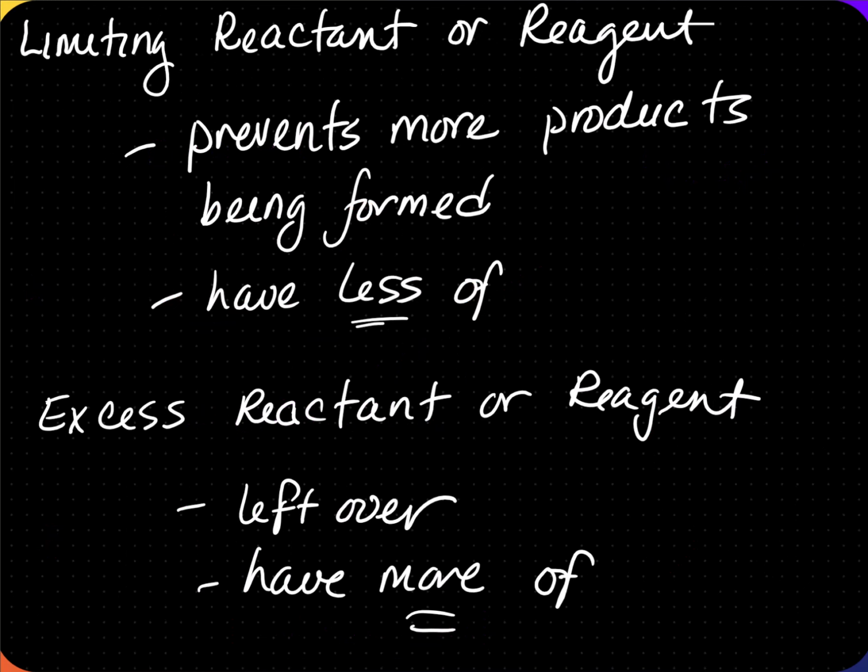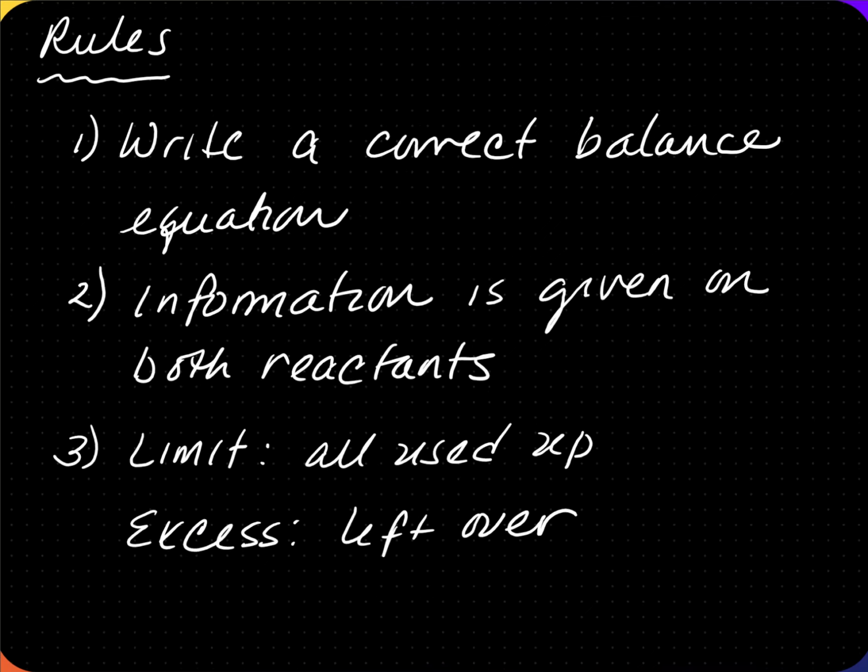Limiting reactant or reagent prevents more products from being formed. You will always have less of it. At the end, none of the limiting reactant will be present. Excess reactant or reagent you will have more of at the end. There will be leftovers. The general rule for working out a stoichiometry problem is, again, write a correct balanced equation.